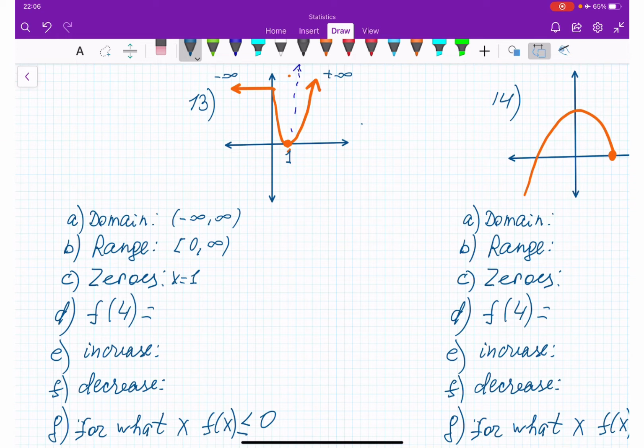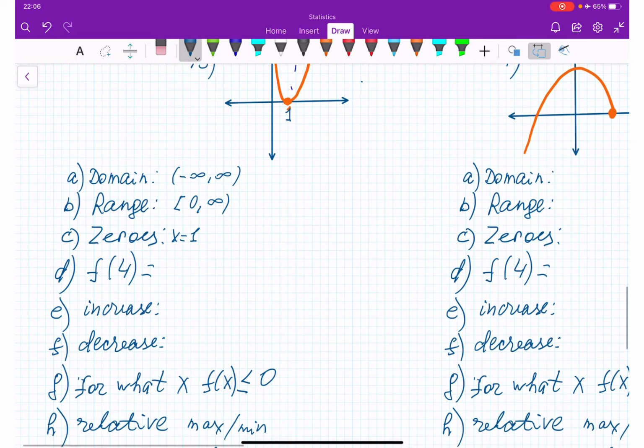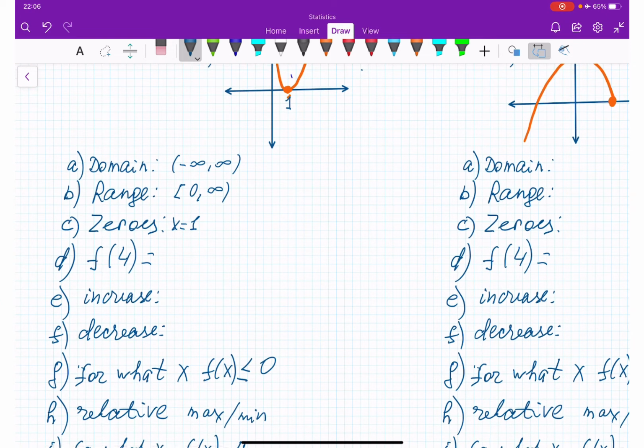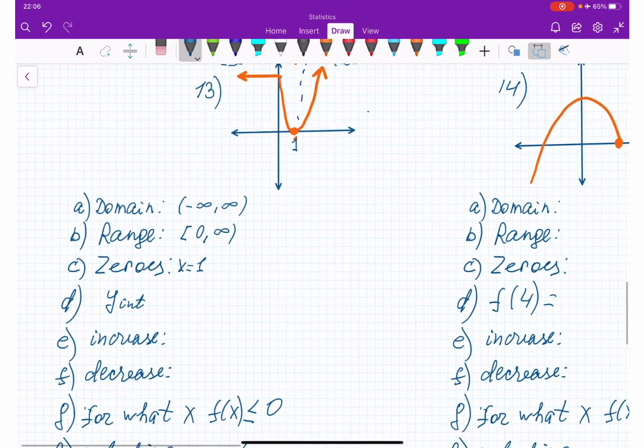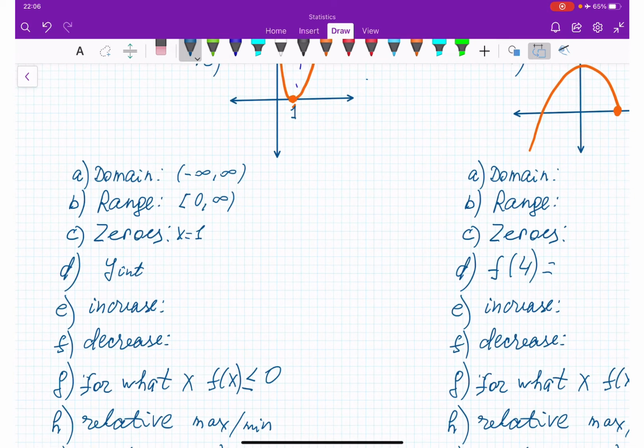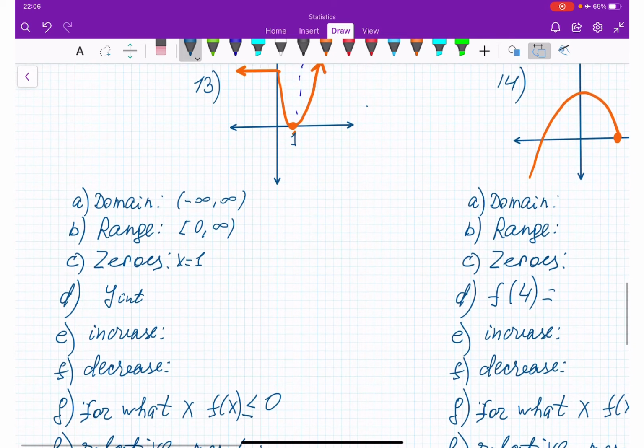Question number D. Let me see. I think I messed up here. I need to find the y-intercept. Let me fix it. Yeah, we need to find the y-intercept, and it's much more interesting. We need to find at what point, when x is equal to 0, how much is y?